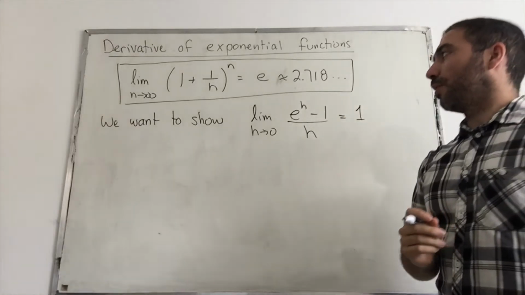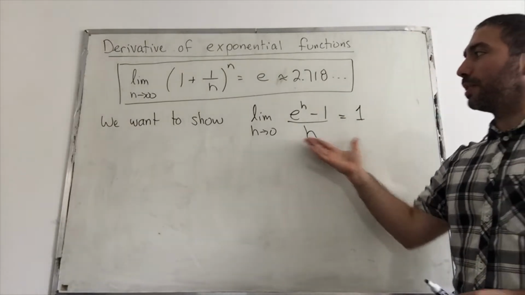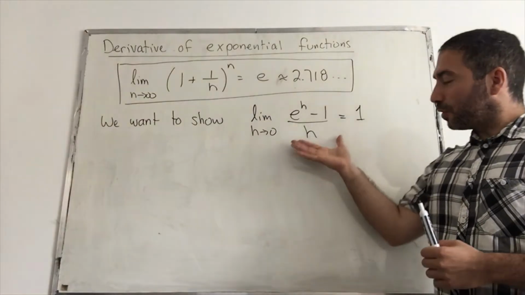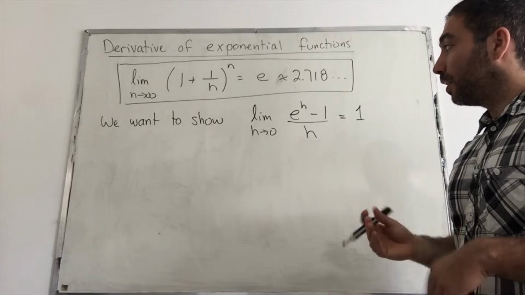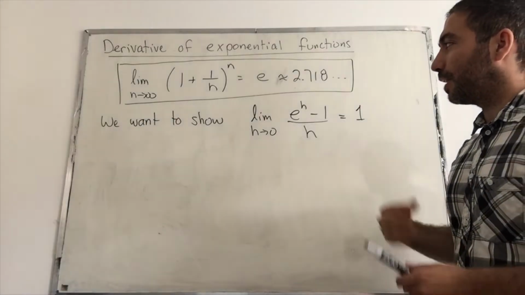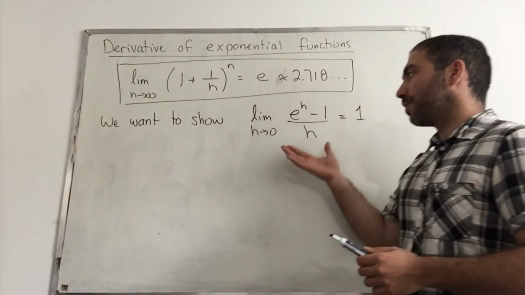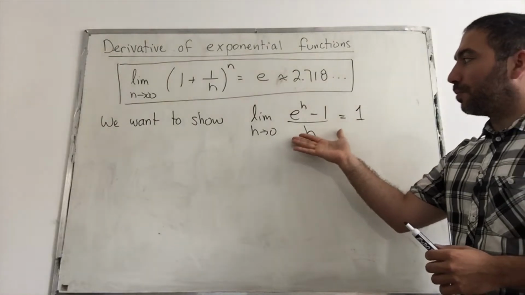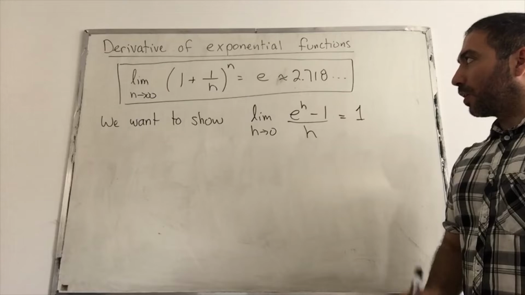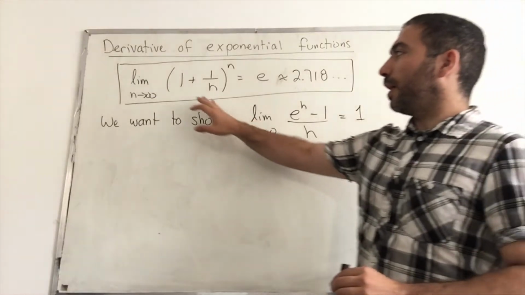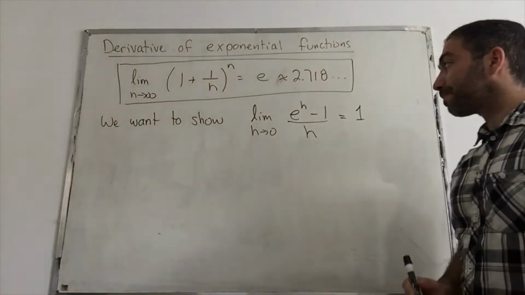We want to show that this statement is true. You could also prove this using L'Hopital's rule, which at this stage we don't know. That's something we would see at the end of the semester, but that's a bit of a cyclic argument, so let's prove this without using L'Hopital's rule. Let's show this to be true, and in order to prove this, we have to make use of this formula up here.